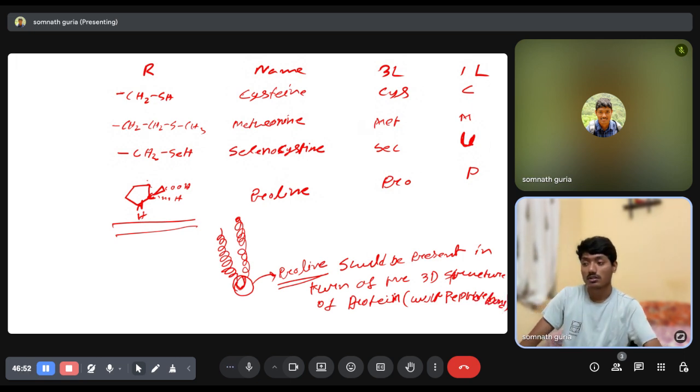Okay, so this proline can always be found in the turn of any 3D structure of the amino acids. It helps to make a turn in some direction.